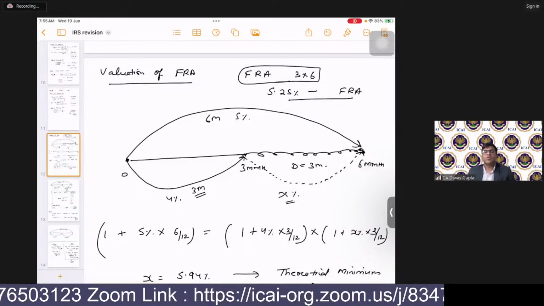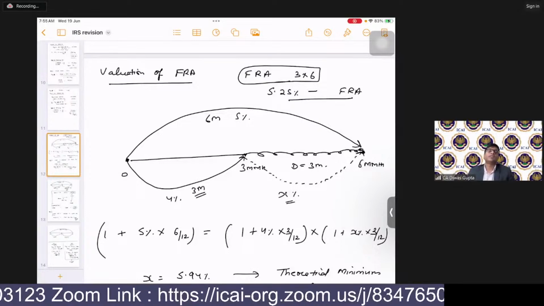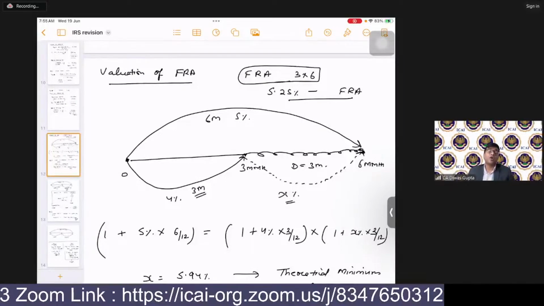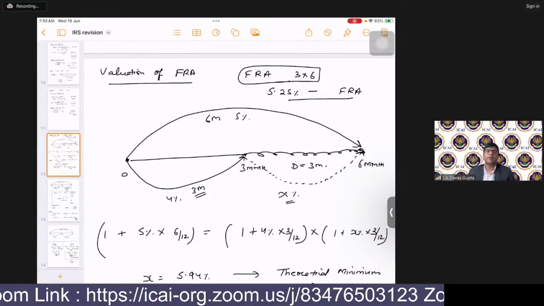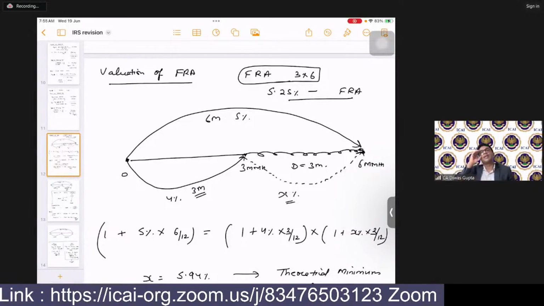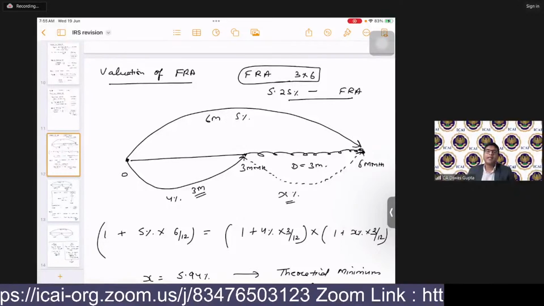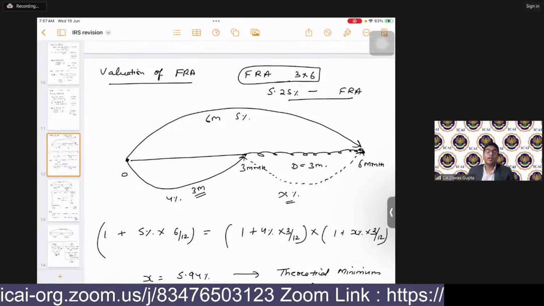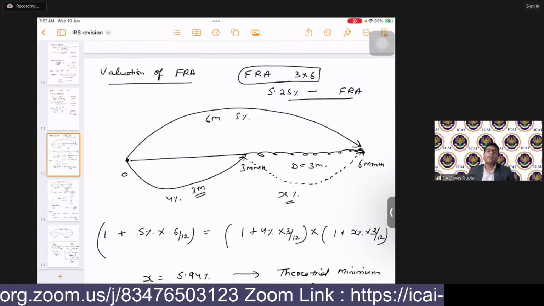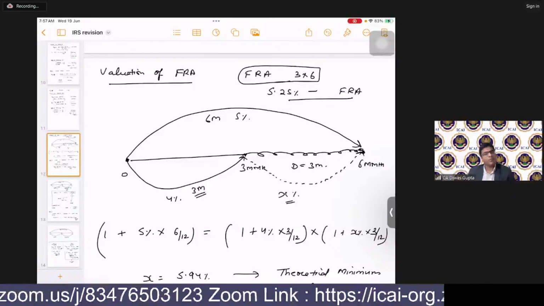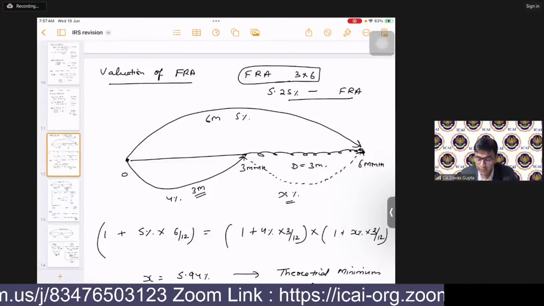And lastly, we also discussed how we value such FRA or such derivatives. Now, this valuation is very important, students, right? Because ultimately, the question will ask you either to value the FRA and then to arrive at some additional things, right?